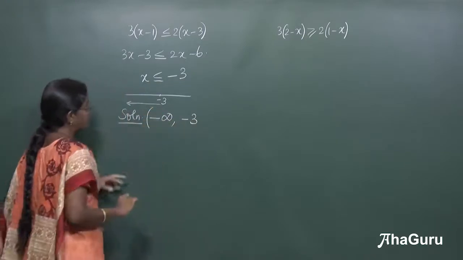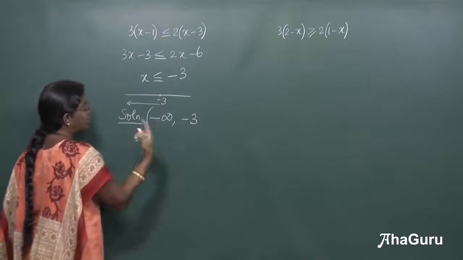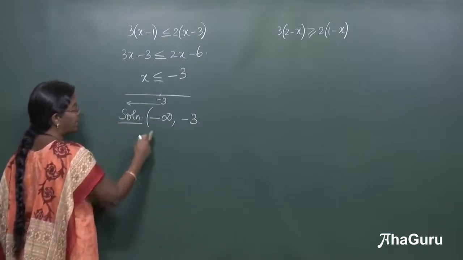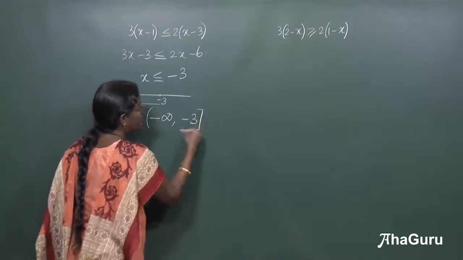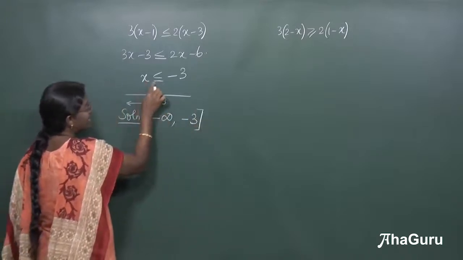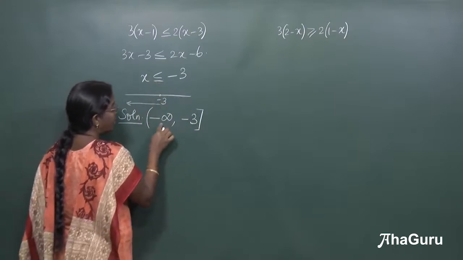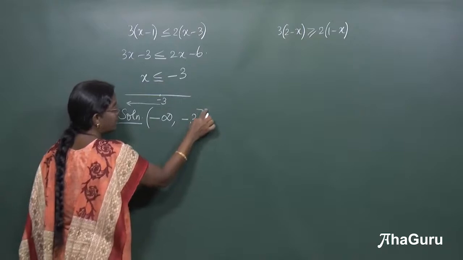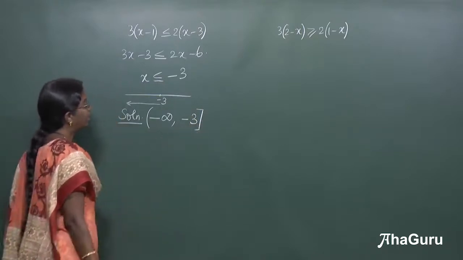Minus infinity of course is not a finite value, so it will always be an open interval. Minus infinity or infinity, both are not finite values, it will be open. On the other side, minus 3 is included, it is less than or equal to. So, the solution will be the interval from minus infinity to minus 3, with minus 3 included, so on this side it will be a closed bracket.